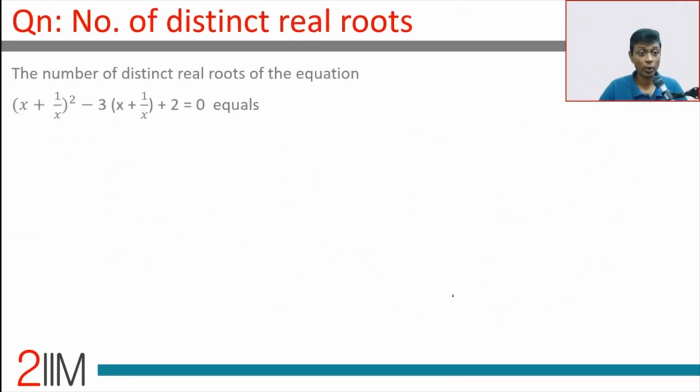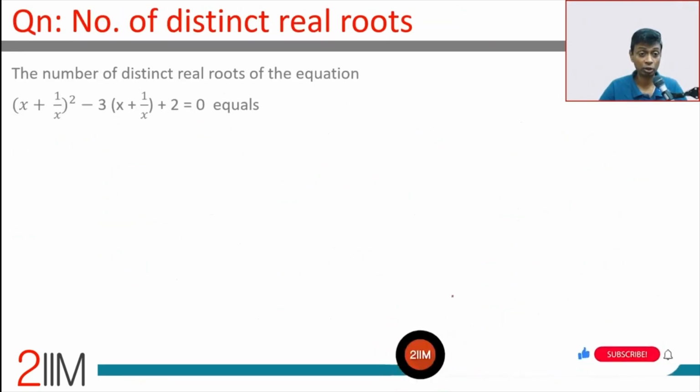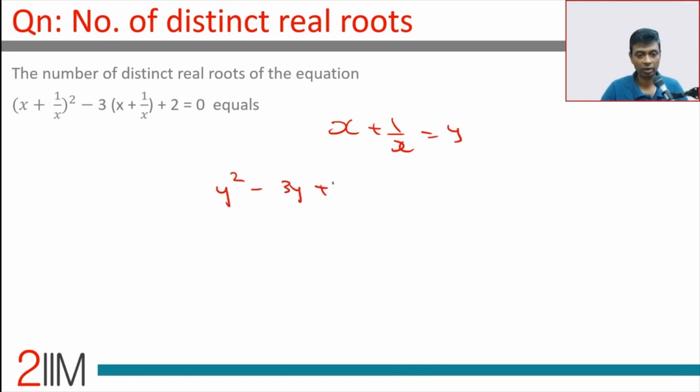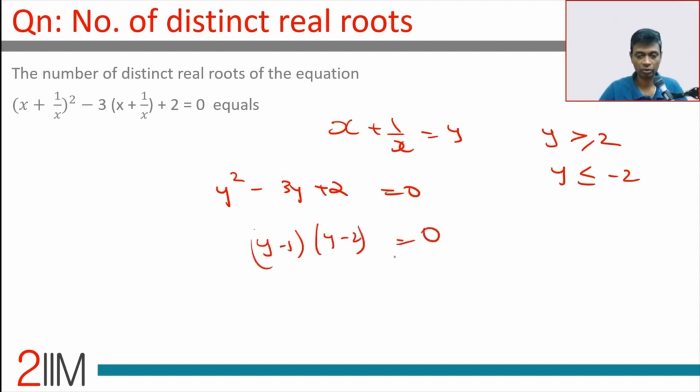X plus 1 by x the whole square minus 3 times x plus 1 by x plus 2 equal to 0. Simple. Let's say x plus 1 by x equal to y. Y square minus 3y plus 2 equal to 0. Remember, y is greater than or equal to 2 or y is less than or equal to minus 2. Anything of the form x plus 1 by x, you should know this again. This is y minus 1 into y minus 2 equals 0.